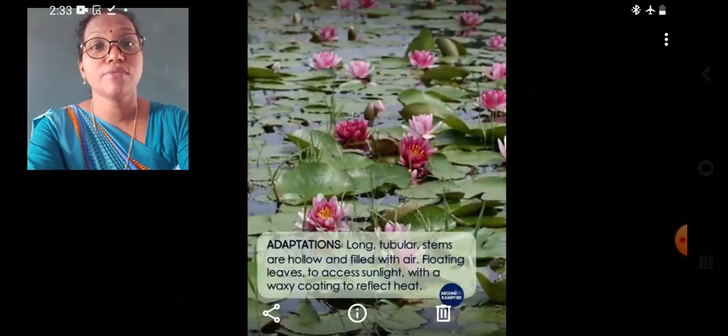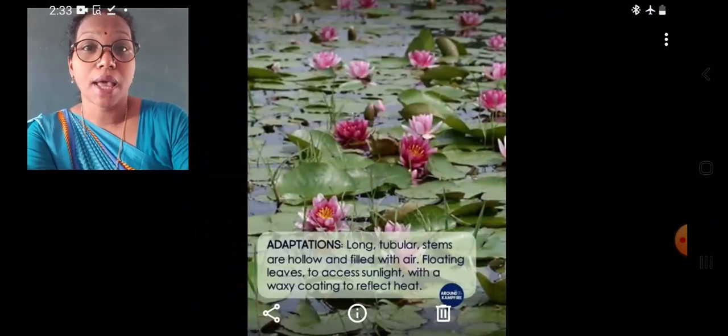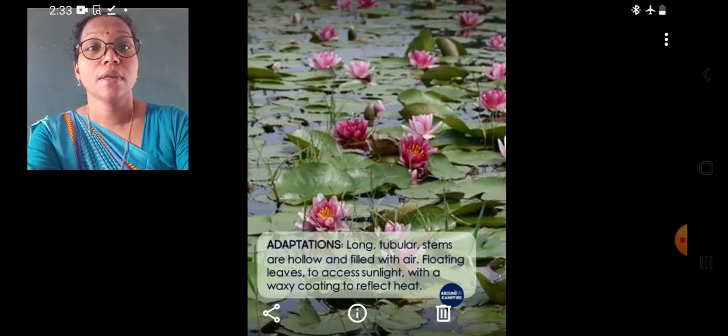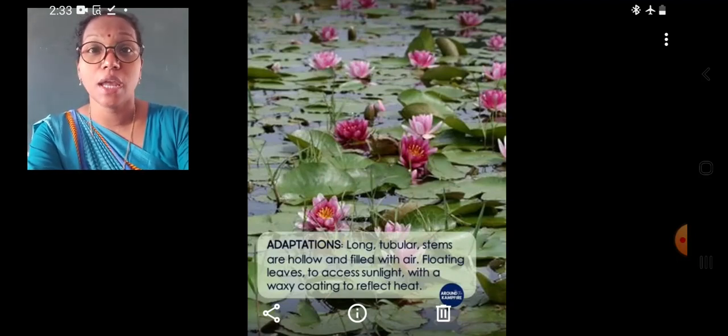Now students, we are going to study about the aquatic plants, their adaptations. The water lilies and lotus are examples of the plants that live in water. Their leaves and flowers stay afloat in water.